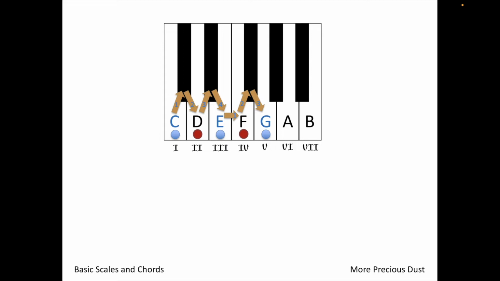Since the key of C major only consists of white keys once again, it is a good reference to go back to define the intervals that make up the basic triads. So isn't that interesting? A major triad consists of a major third interval followed by a minor third interval.